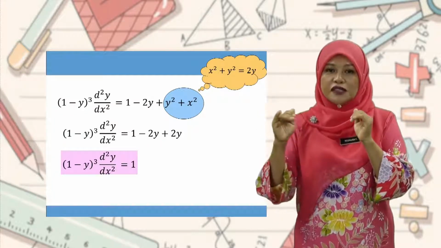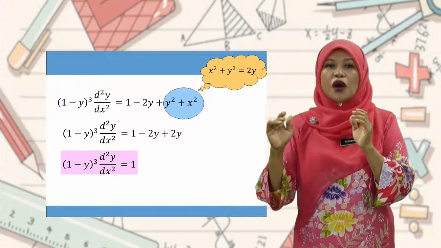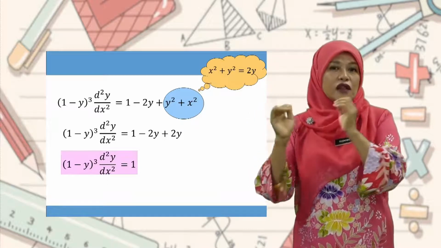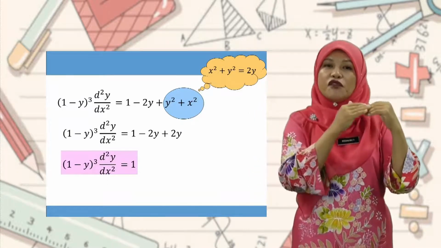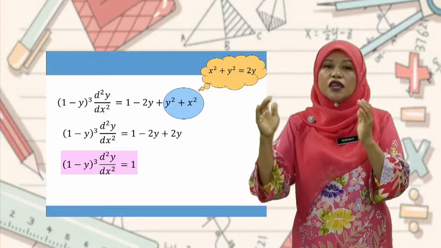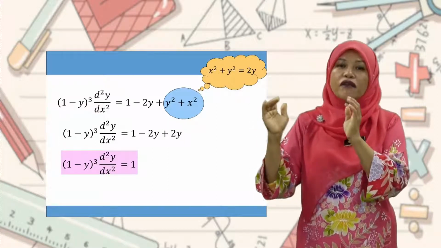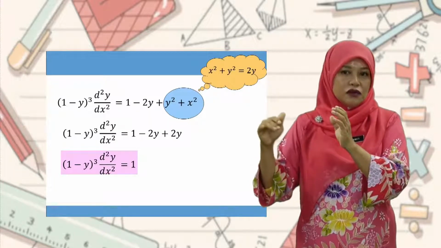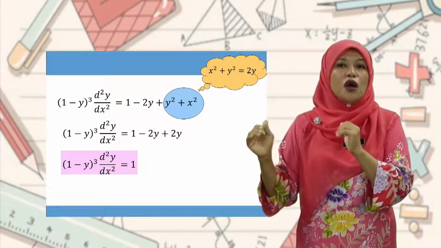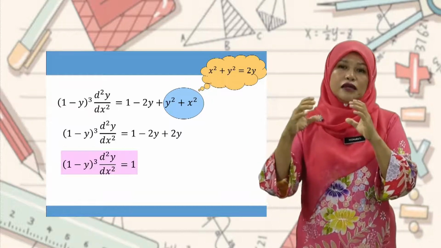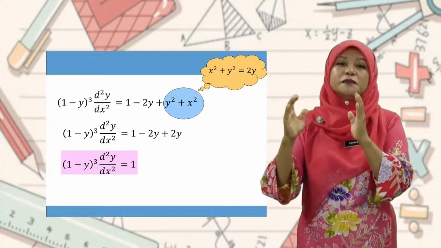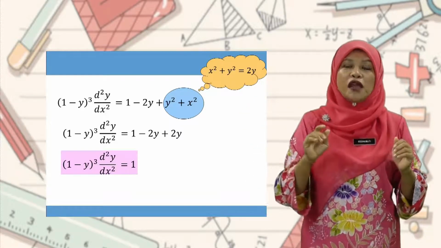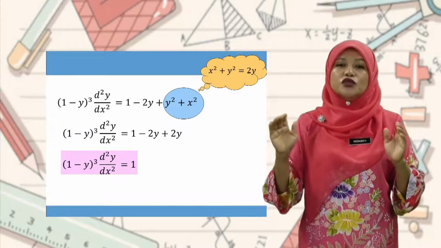So when we expand it, we have 1 minus 2y plus y squared. And then we do have x squared, the one that we shifted from the left to the right. So here we can see that we do have y squared plus x squared. This 2 is equivalent to 2y. So we can substitute 2y for this part, so that we will have on the right side 1 minus 2y plus 2y.